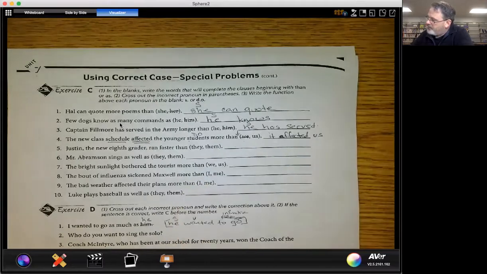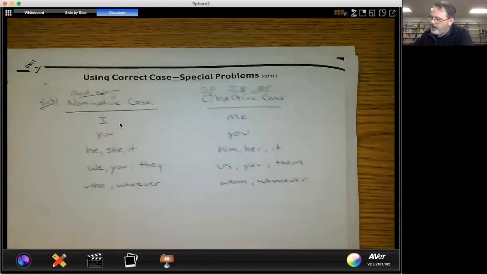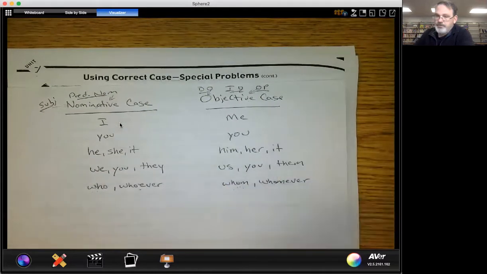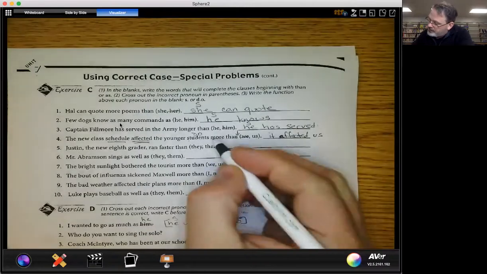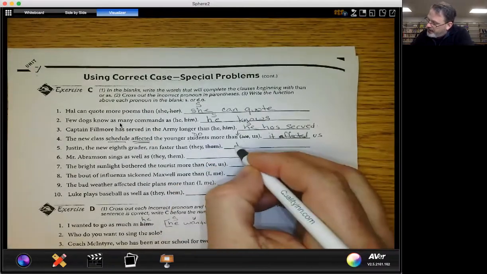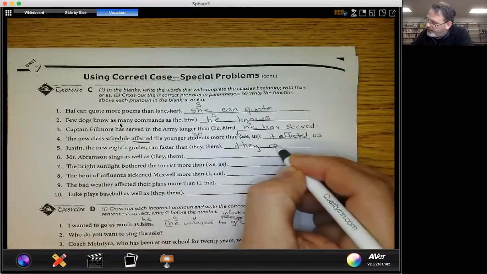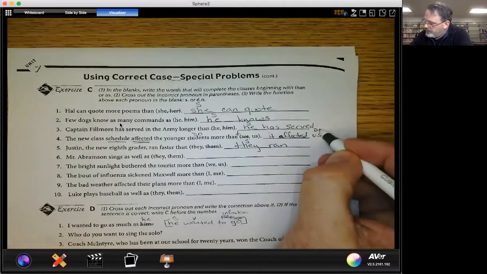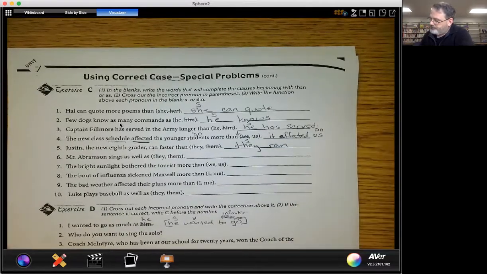Therefore, we have to use the nominative case pronoun. I, you, he, she, it, we, you, they is nominative. Them is objective. So let's cross out them. They ran, subject. I forgot to put direct object above that one, which we have to do.